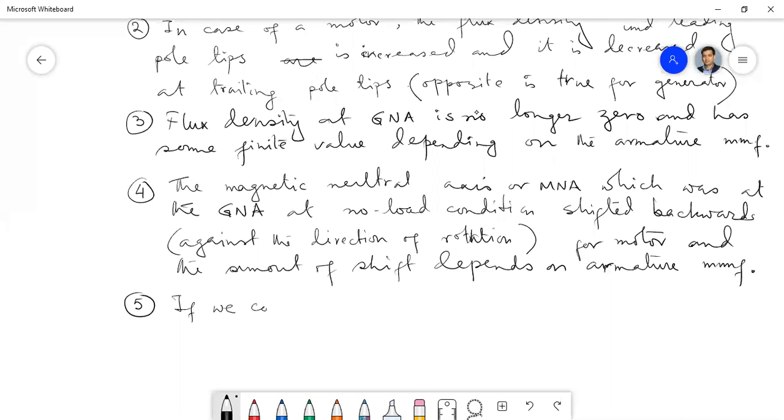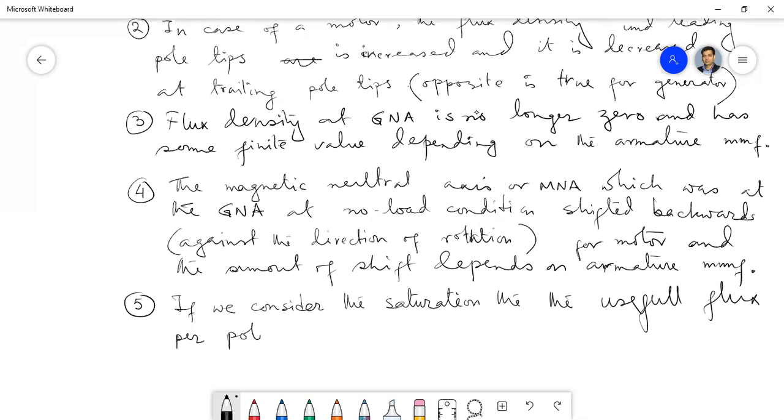If we consider the saturation, then the useful flux per pole is reduced.